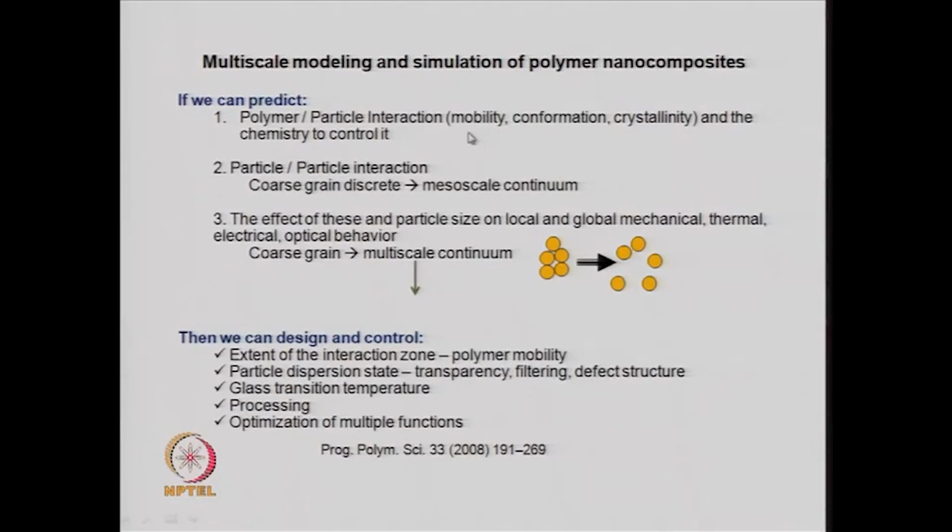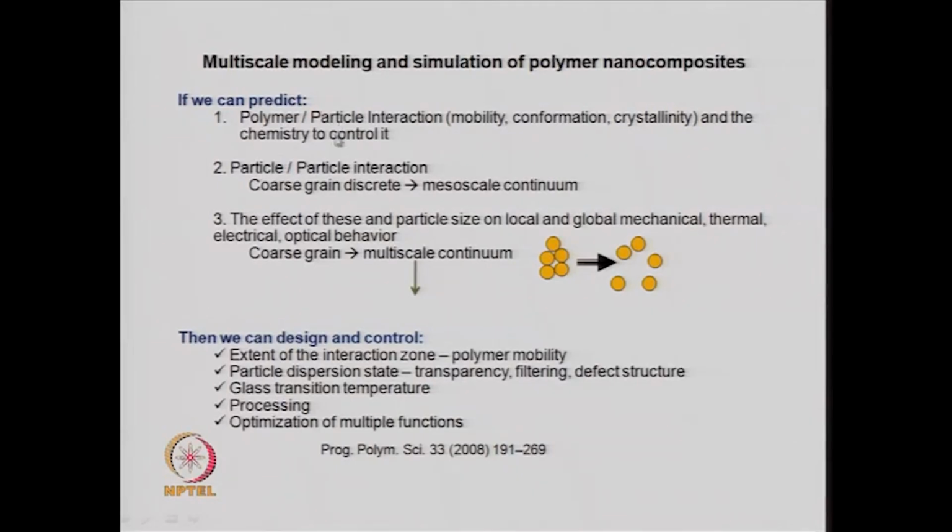That means you try to understand the mobility, the conformation of the polymer chains, the crystallinity, and how you control the chemistry to control the conformation and crystallinity. So, this can be predicted. If we can predict this, then we can design and control these nanocomposites. So, we have to predict these interactions using multi-scale modeling and simulation.